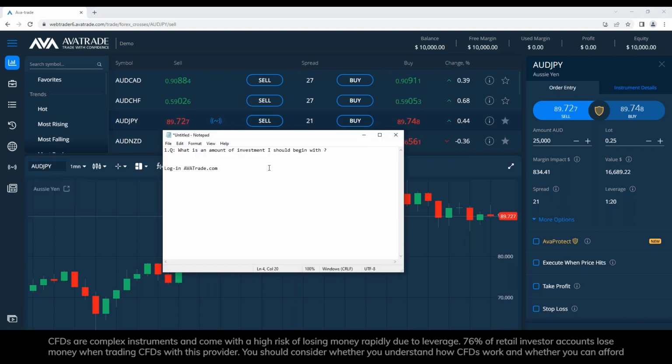Now, what is an amount of investment I should begin with? To be honest, I'm not even sure that this question is composed properly, but we're going to cut it some slack. What do you think is an amount? I guess this question does refer to beginners, otherwise it's very dynamic. So what do you think is an amount that is advisable to begin with as a beginner?